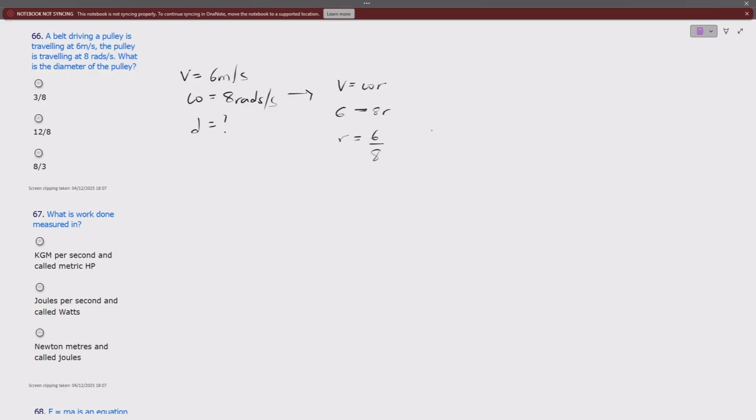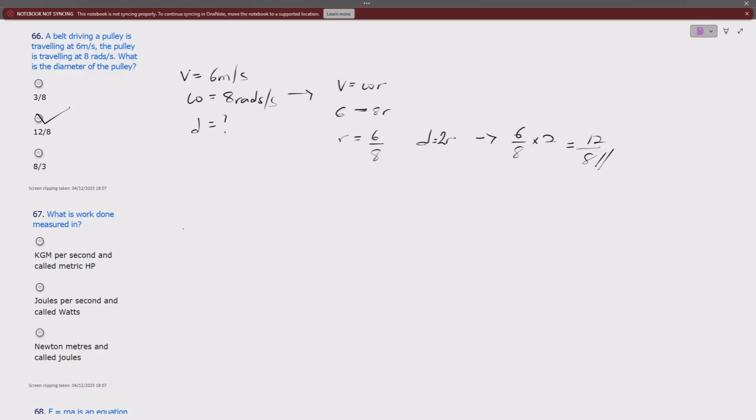So the diameter d equals 2r. That would give you 6/8 times 2. That is 12/8. That is the right answer.